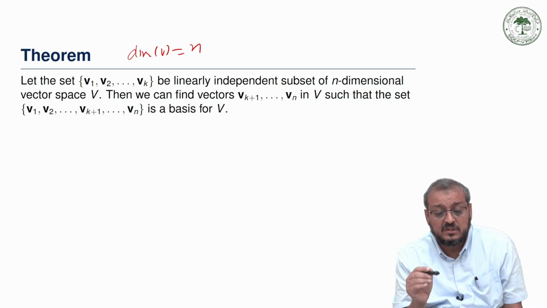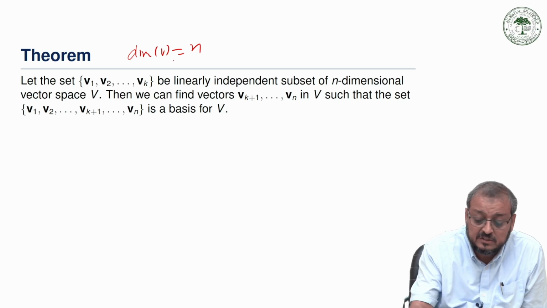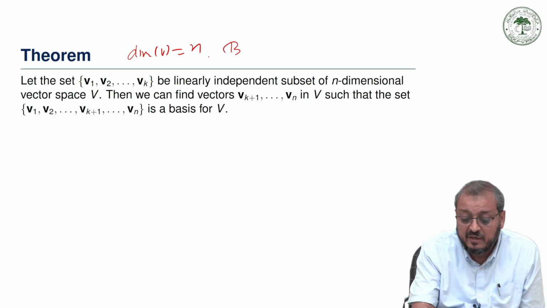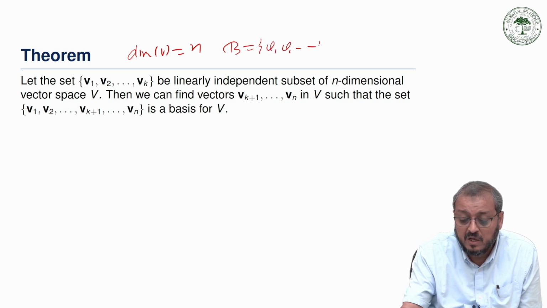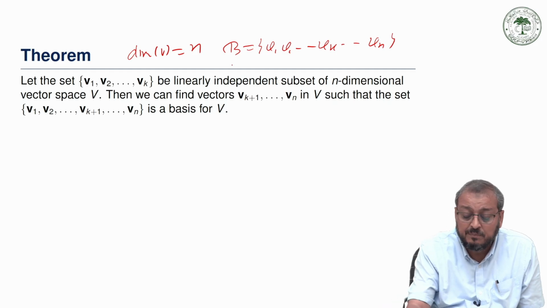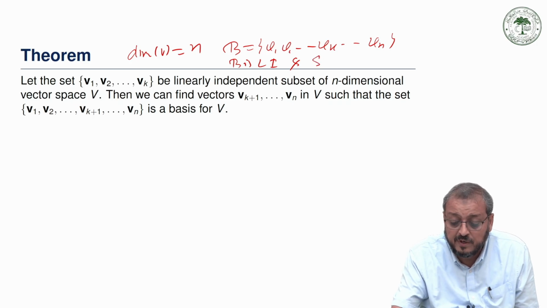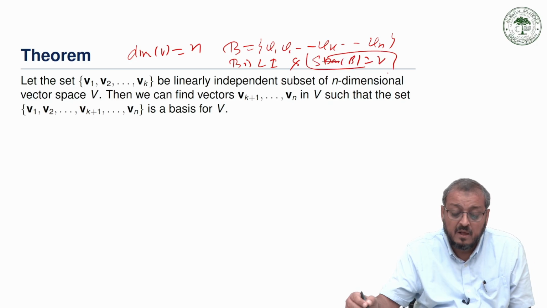That means the basis has n elements, so the basis B has v1, v2 up to vk and so on up to vn, and B is linearly independent, and also the span of B is equal to V.